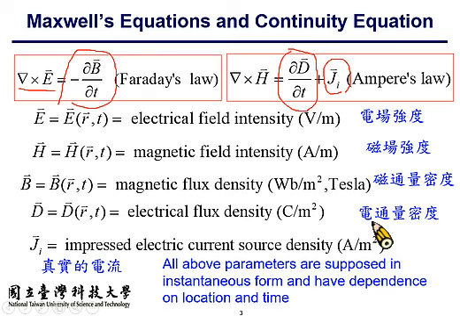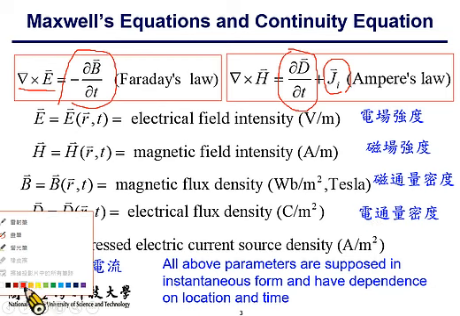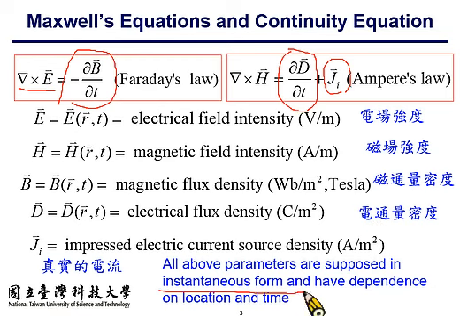So another thing that we look into in the Maxwell equations shown here is that the field intensity and flux density are written as functions of position and time. So this is referred to as the instantaneous form. They have dependence on location and time.